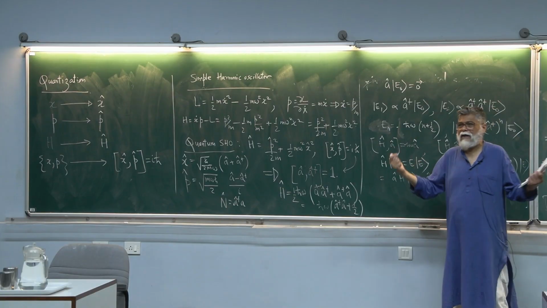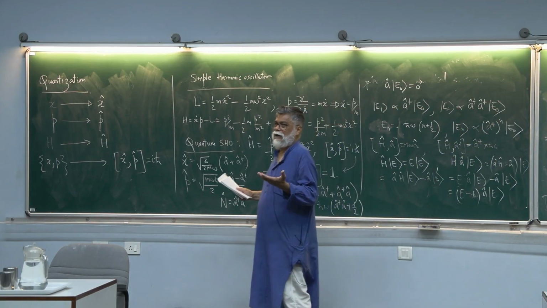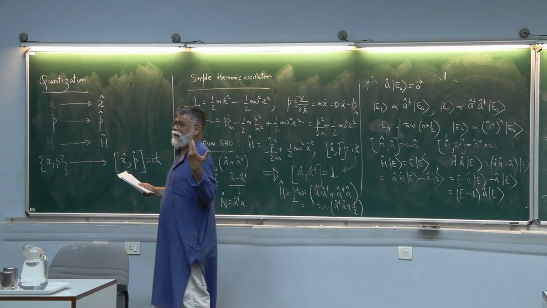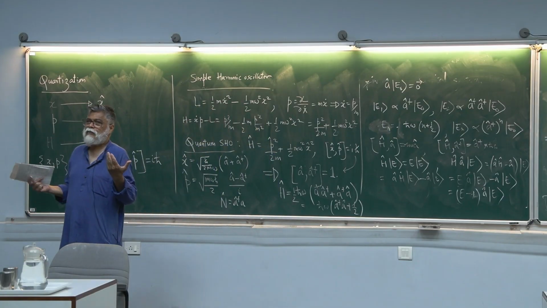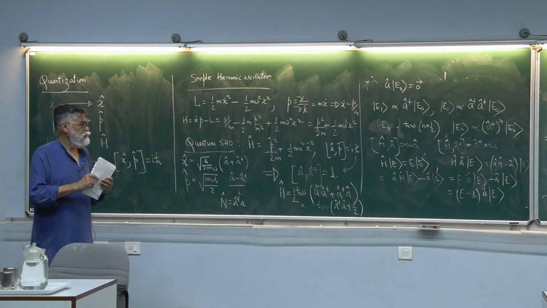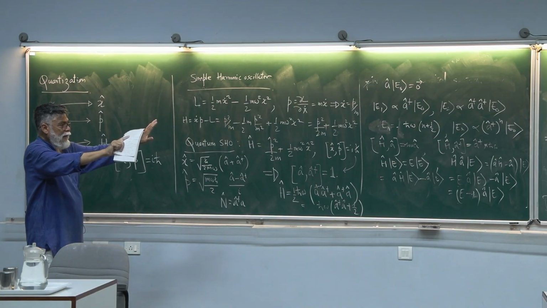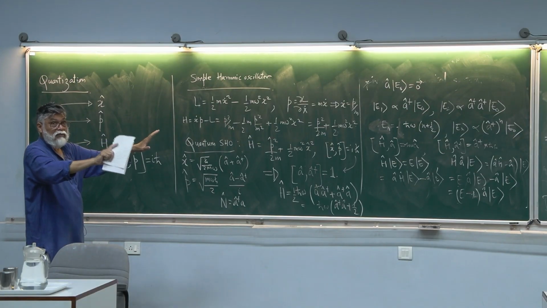That is not allowed by the uncertainty principle, and hence the ground state cannot have zero energy. So zero-point energy in a sense has to be there to be consistent with the uncertainty principle. Right. So now I will make a transition to field theory.